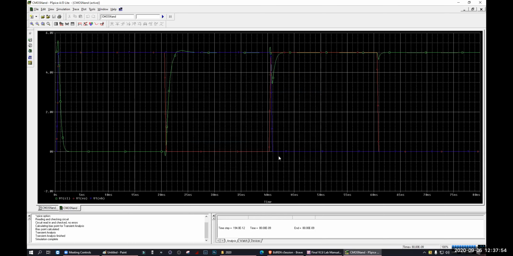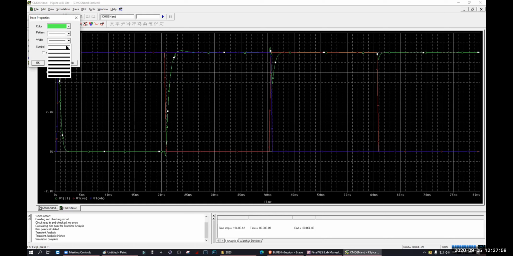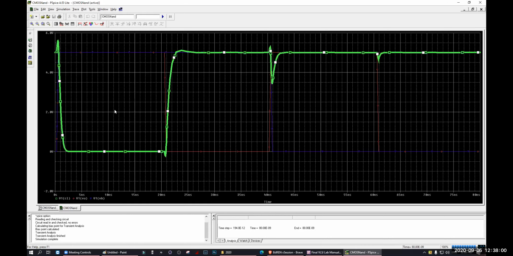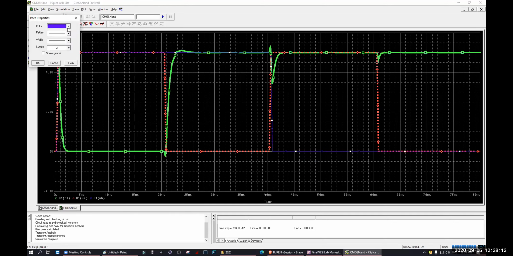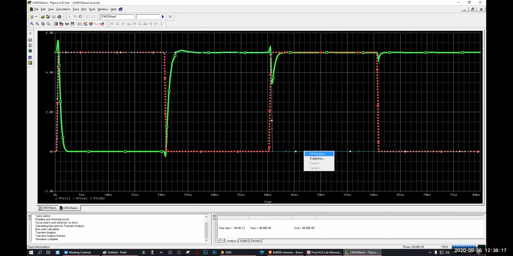If we click OK, this is our answer. Now this one is our output. The red one is our VA. This blue one, can you see the blue one, or I should say change the color? The trace color.